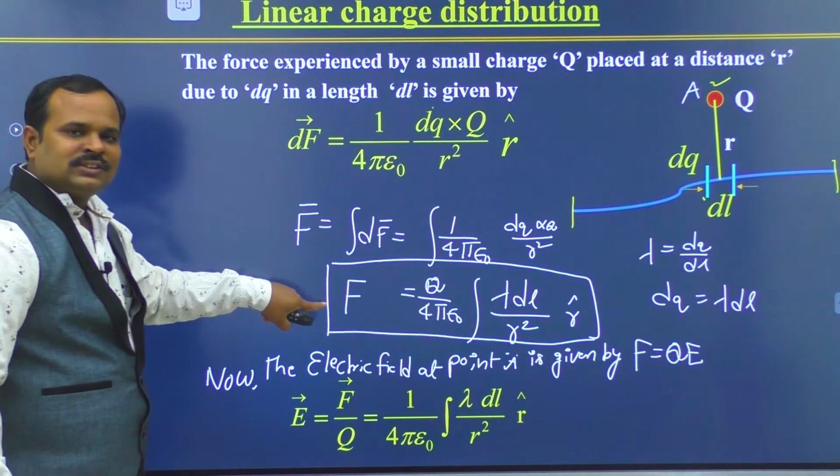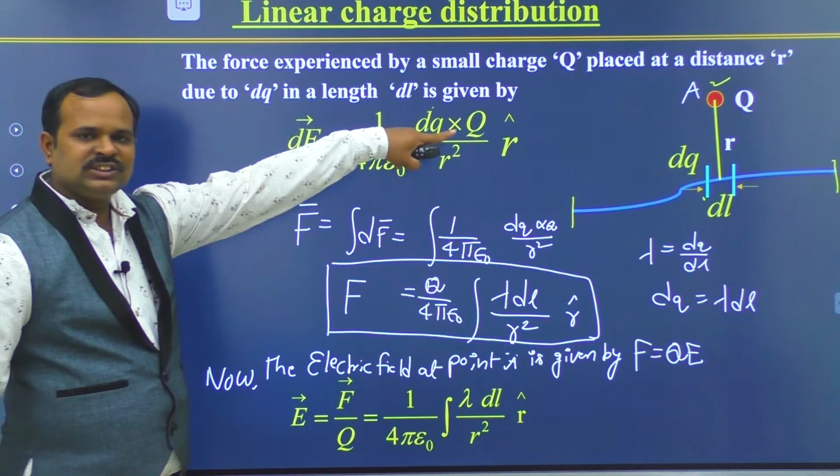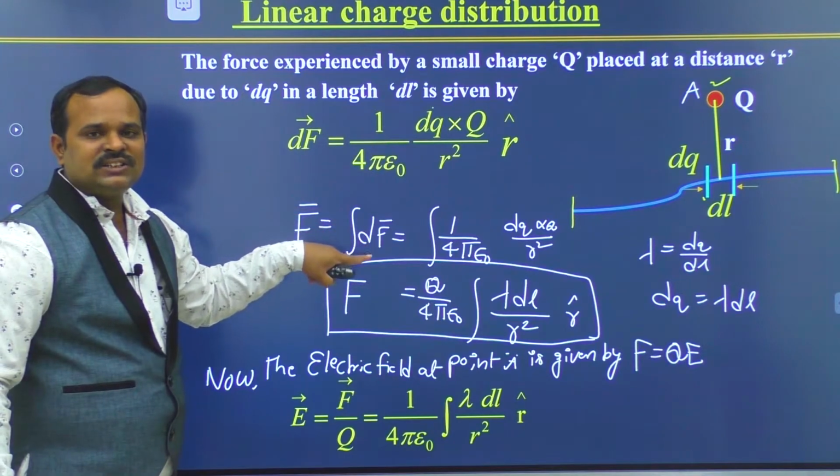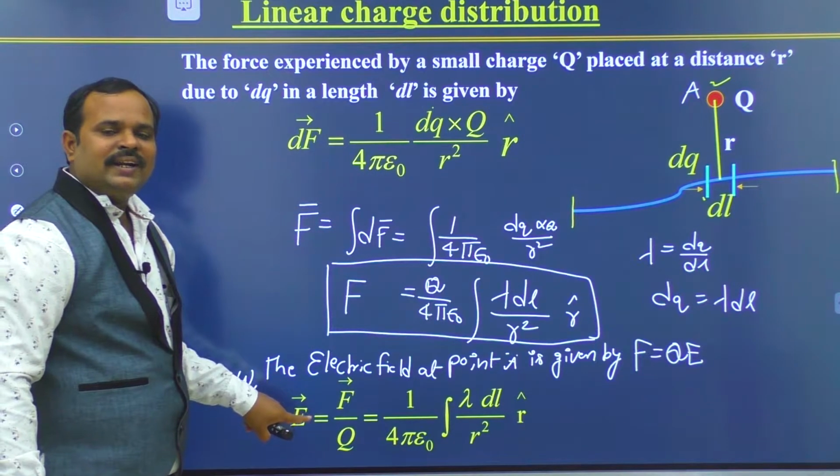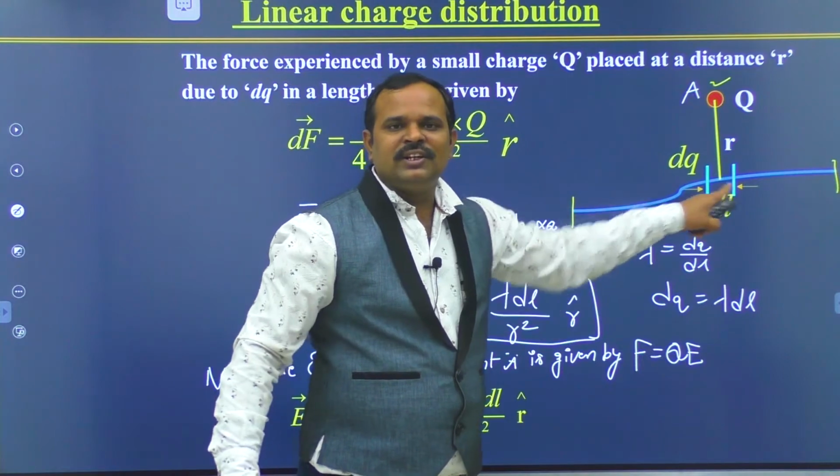So this is the force experienced by a charge at a distance r because of the linear charge distribution, and this is the field at point A because of the linear charge distribution.